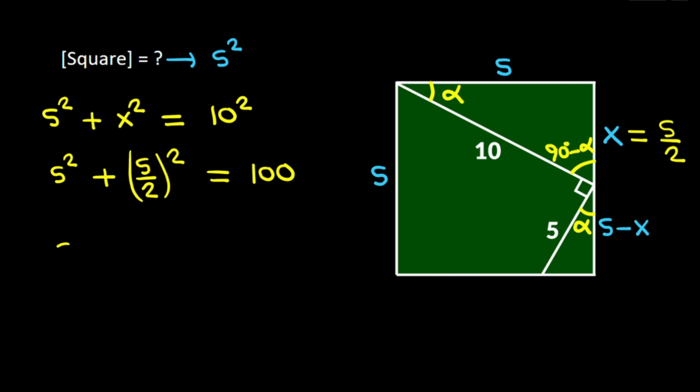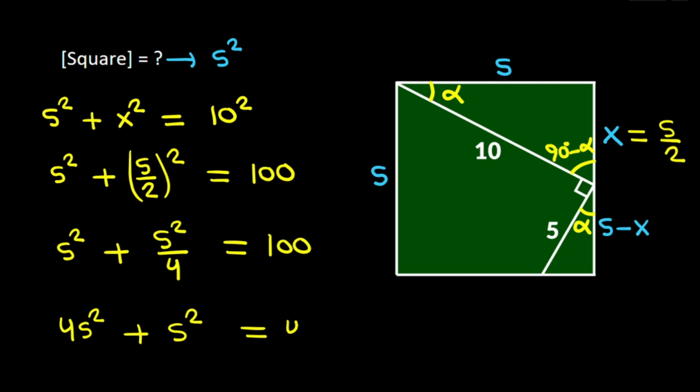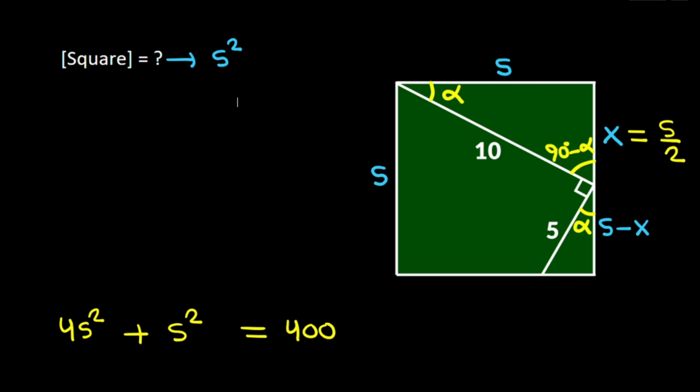That becomes S squared plus S squared over 4 equals 100. Multiply everything by 4 to clear the fraction. We get 4S squared plus S squared equals 400. So 5S squared equals 400. Divide by 5, and we get S squared equals 80.